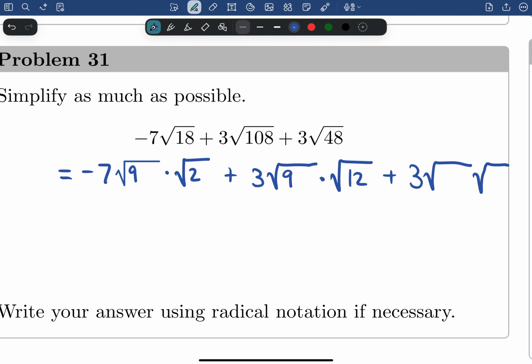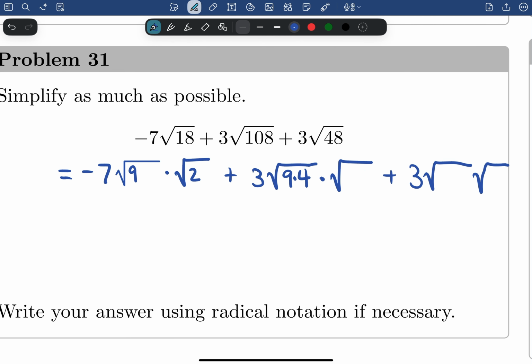But 12 breaks down even further into 4 times 3. So I'll show you clearly. 12 I can turn into 4 times 3, right? Which 4 is also a perfect square. And so I could put this 4 in the good square roots stuff, right?